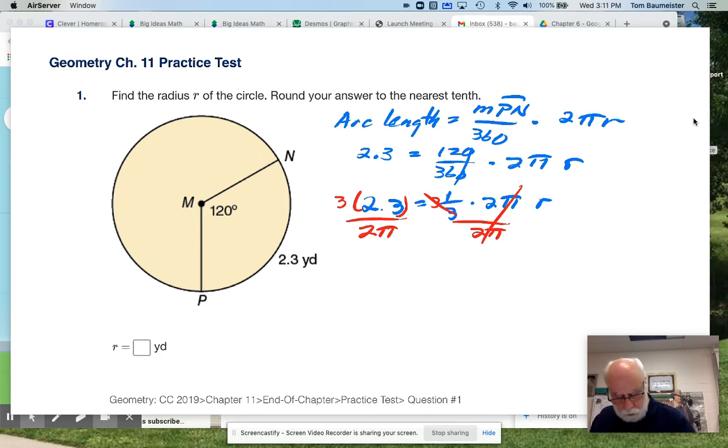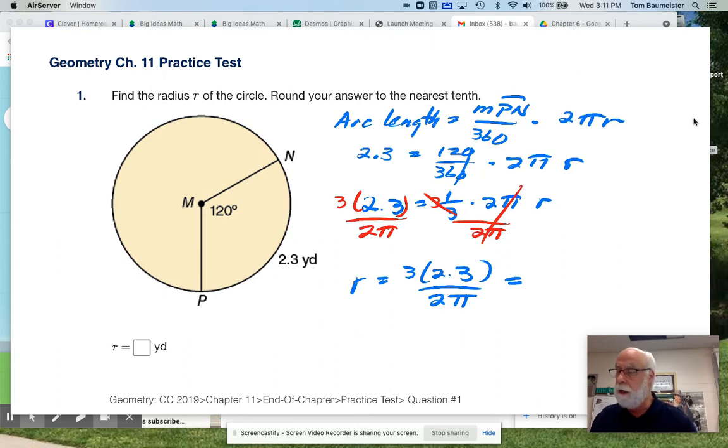So r is equal to 3 times 2.3 divided by 2 pi. Plug that into your calculator just like that. And remember, I warned you to use pi. Don't use 3.14.